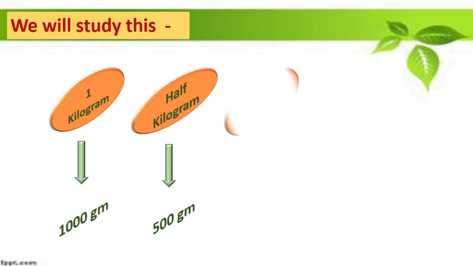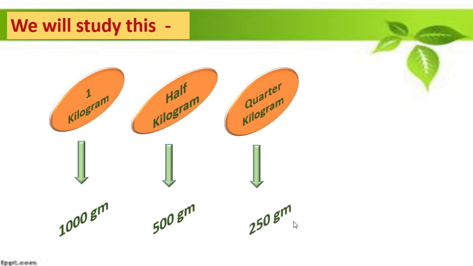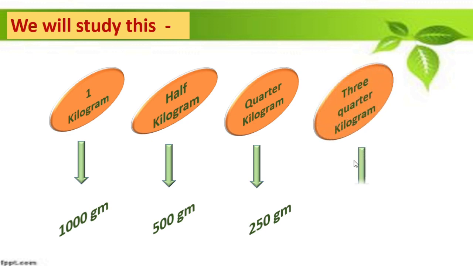Here quarter kilogram is equal to half of half kilogram, that is nothing but 250 gram. Then 3/4 kilogram is equal to how much? This plus this. Yes, 750 gram. Okay, good.